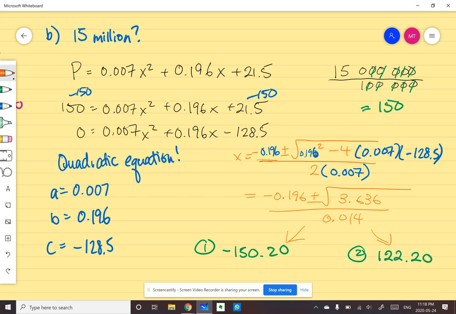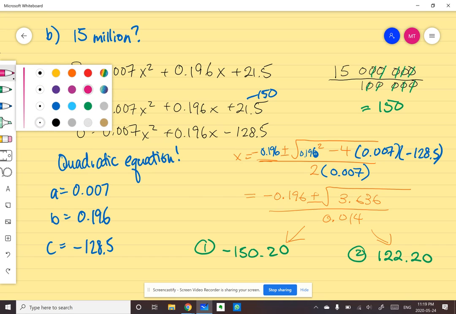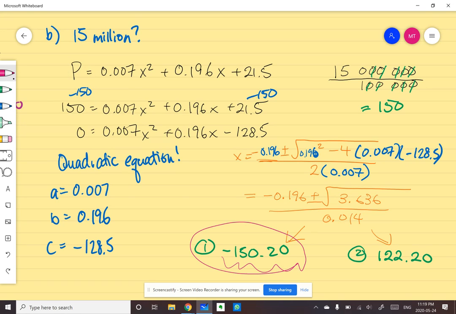Now, what the heck? This makes no sense. I can't have negative population. I don't think the population went down in Ontario by that much. There's no way. So this is what we call extraneous. Not very useful.